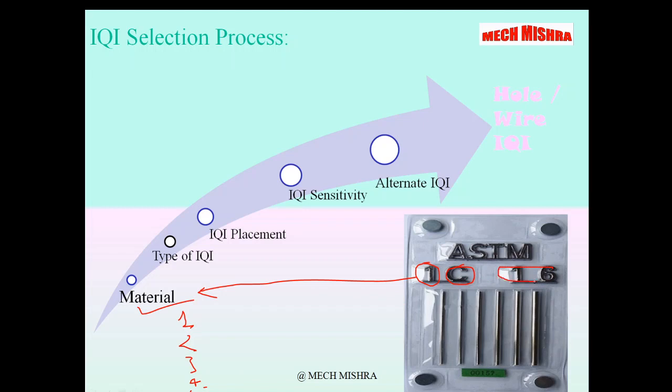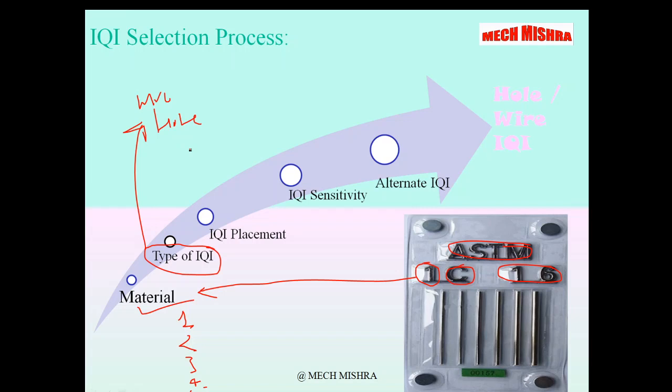This is the last wire identity number. This is the ASTM code which we are following. So first we need to select the material for the IQI selection, then the type of IQI. Now we have two options: wire type and hole type.